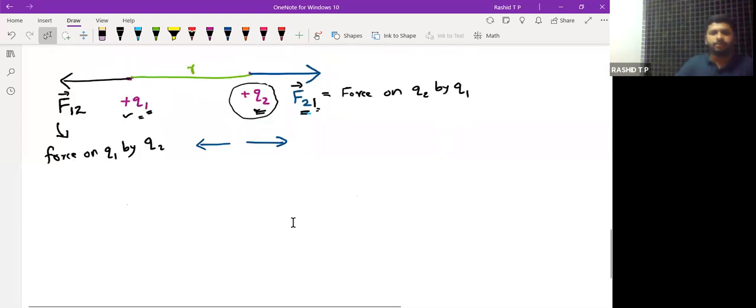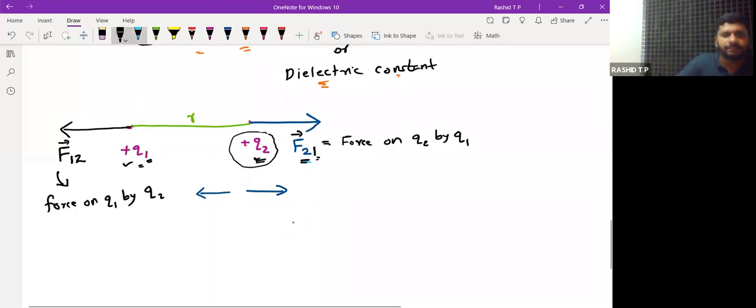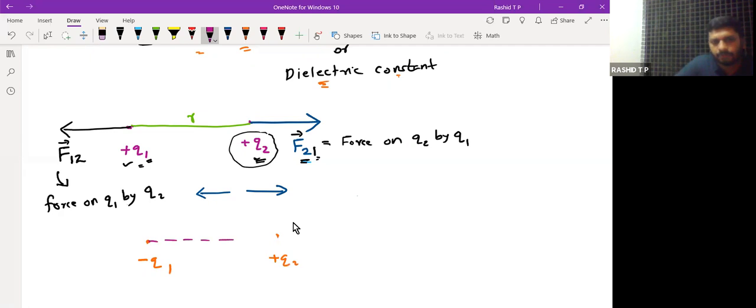Now, if one of the charges is negative, then no problem. That is minus q1, and this is plus q2. If I want to draw the vector diagram of the force experienced by each charge, then the force experienced by charge 2, because these are opposite charges, should be attractive, so they come closer.